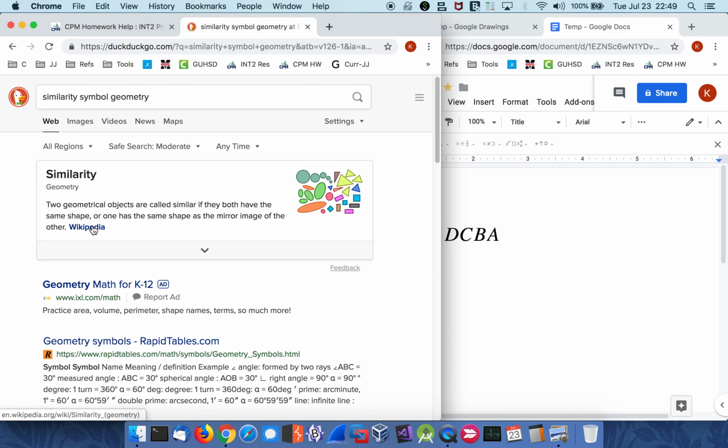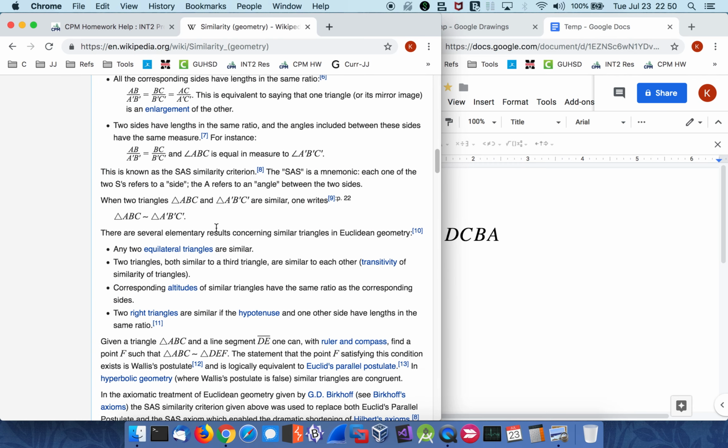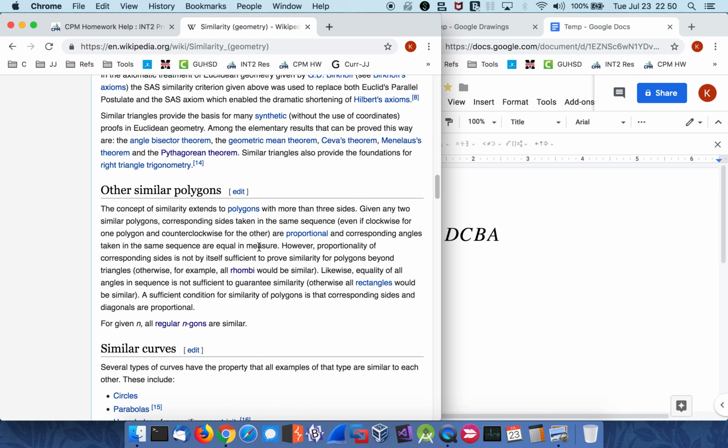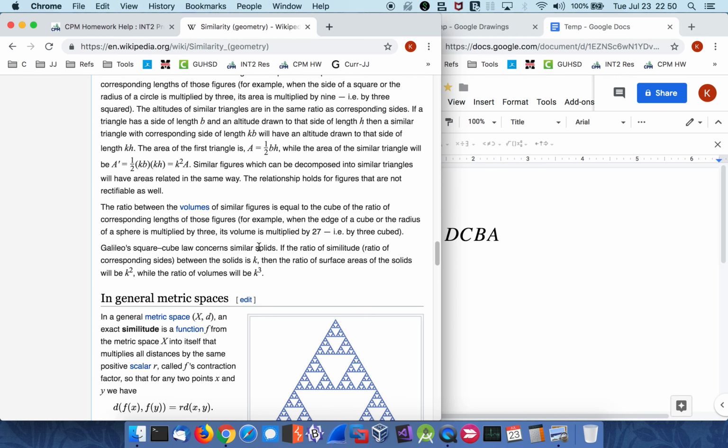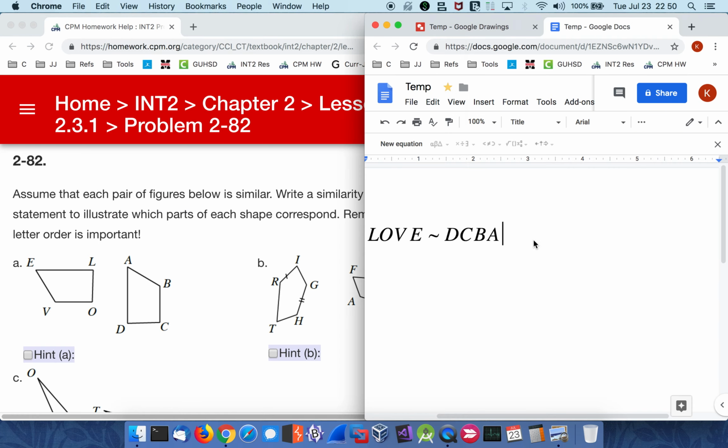What is the symbol for similarity? Okay, so that's the symbol for triangle one. Yeah, there we go. Little squiggly line. Cool. All right. So that's the first one.